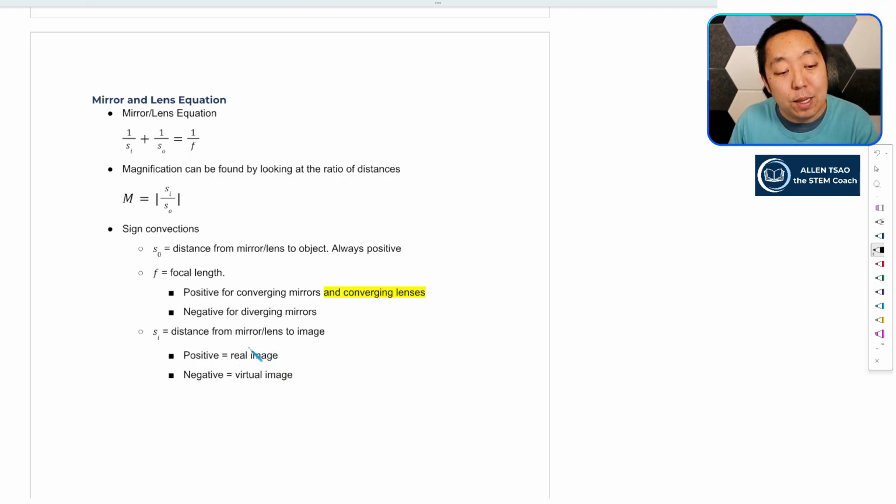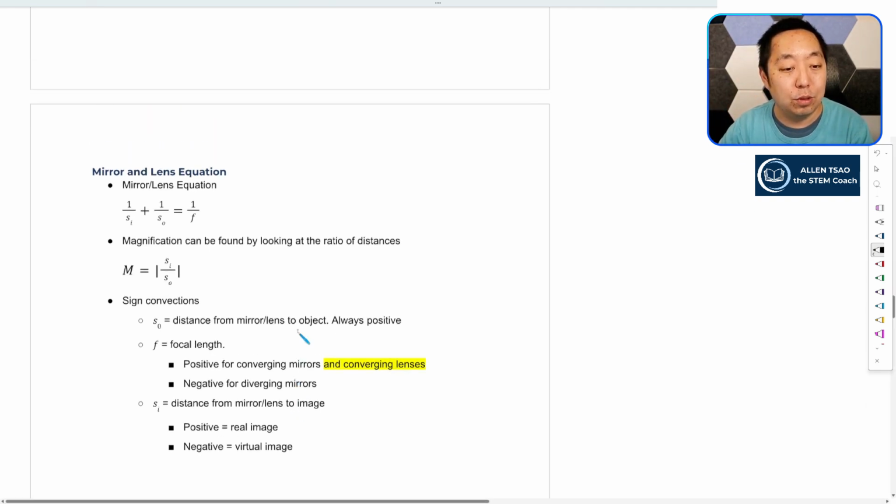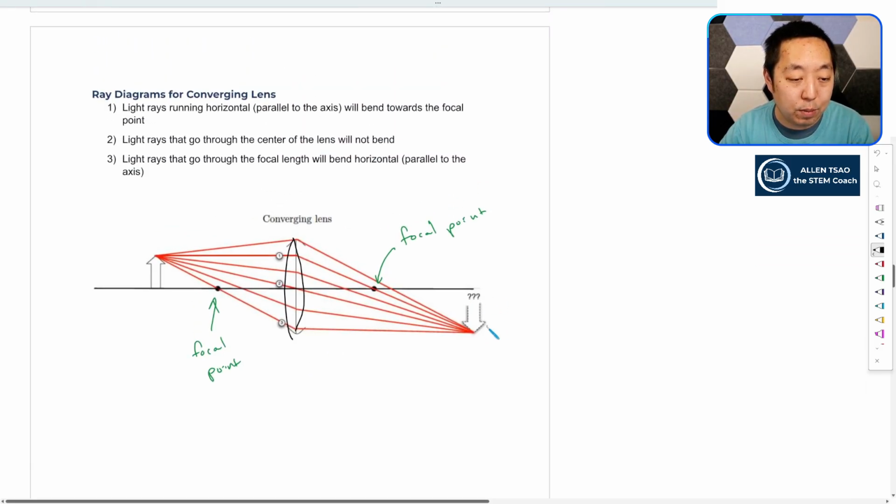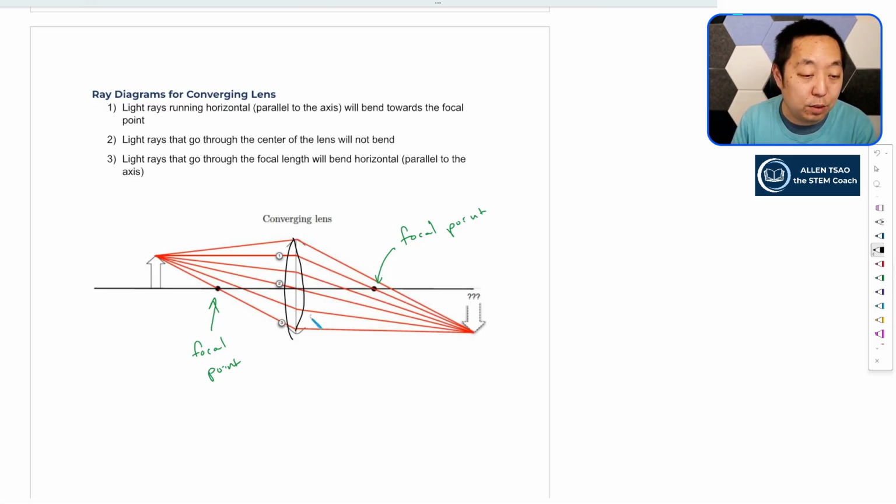Now, a caveat: real images in this case will be on the opposite side from the object. That's because the light is not being reflected back. It's actually passing through. So this one here is a real image on the other side. Whereas when we had the converging mirror, the real images were on the same side.